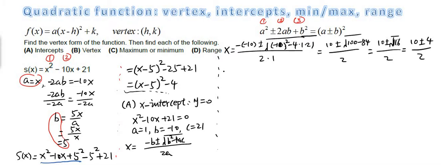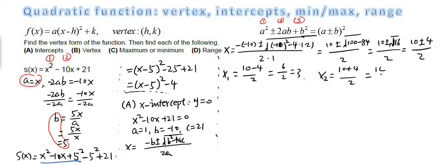So that means we have two roots. One is 10 minus 4 divided by 2, which is 6 over 2, that is 3. The second one is 10 plus 4 over 2, which is 14 over 2, that is 7.